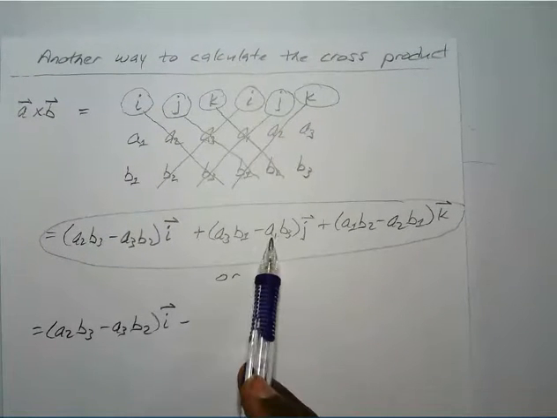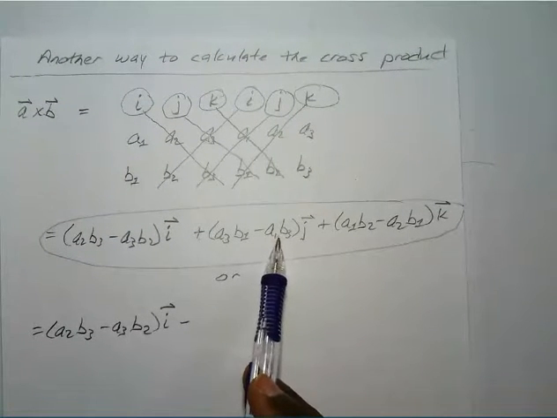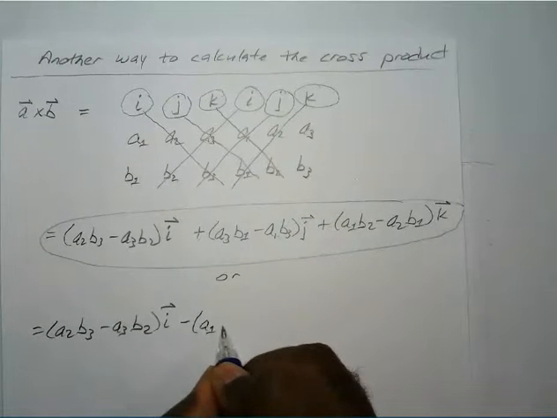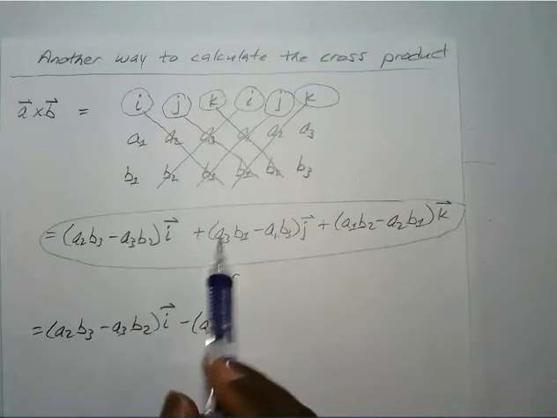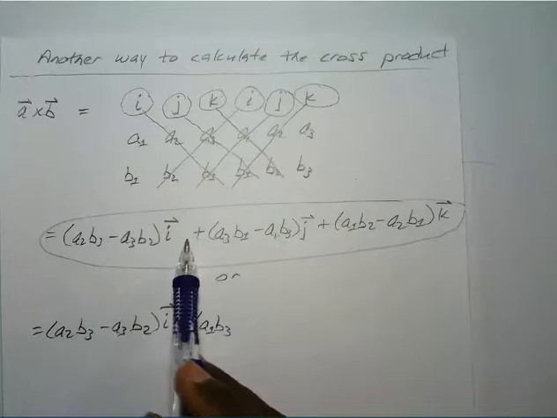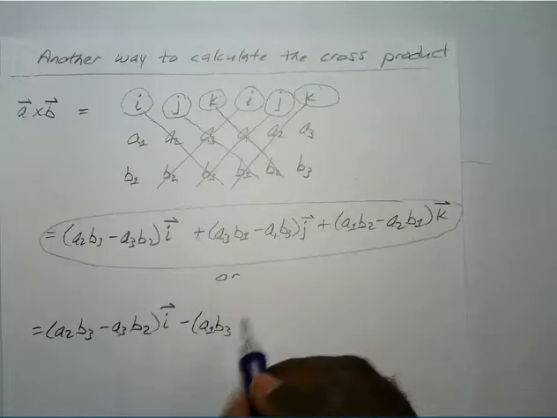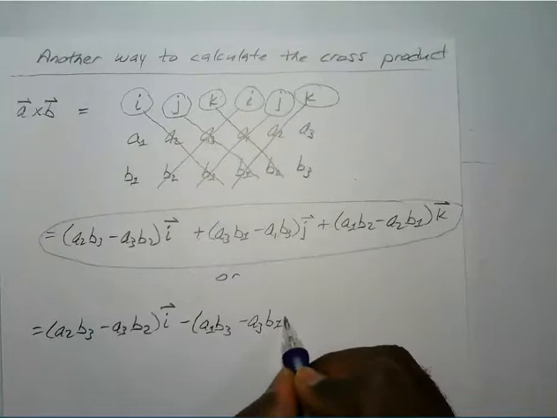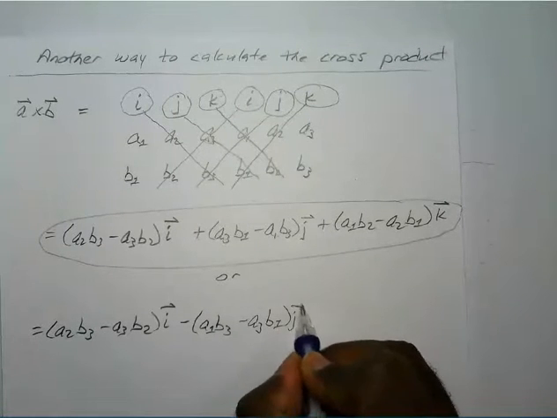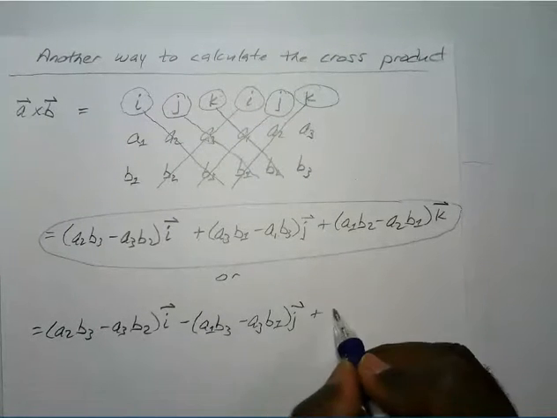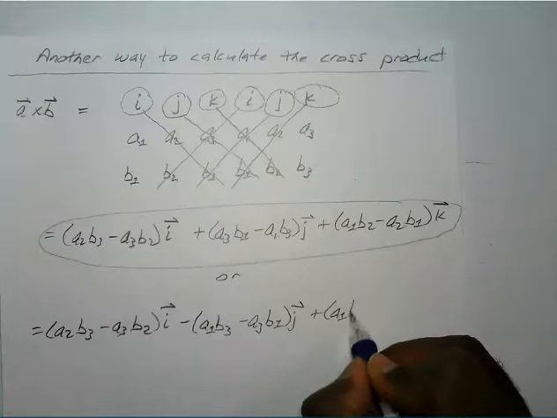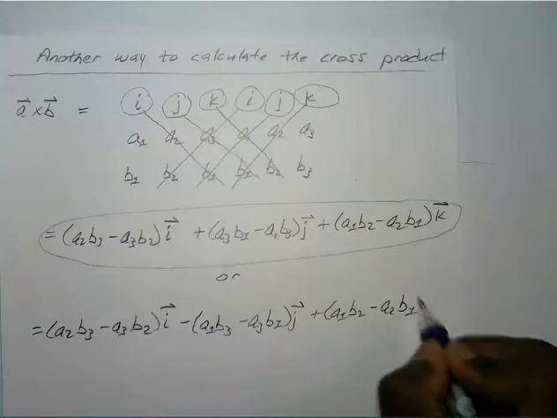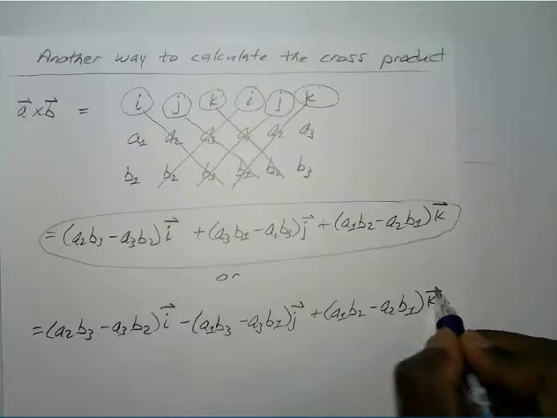Minus, so if we factor a minus out, this one becomes positive, so you have A1B3 minus A3B1 times your J vector, plus A1B2 minus A2B1 times your K vector.